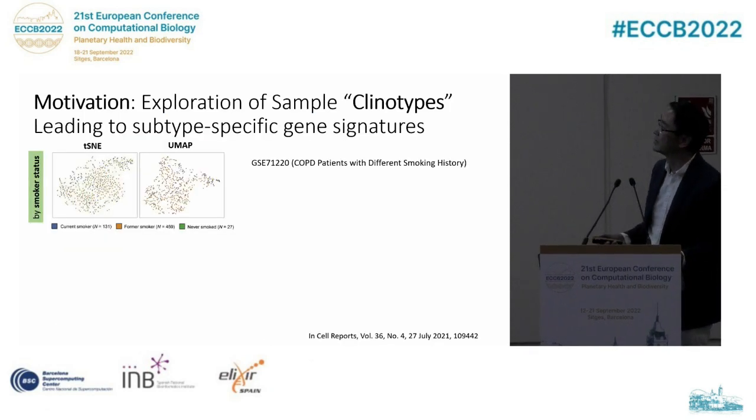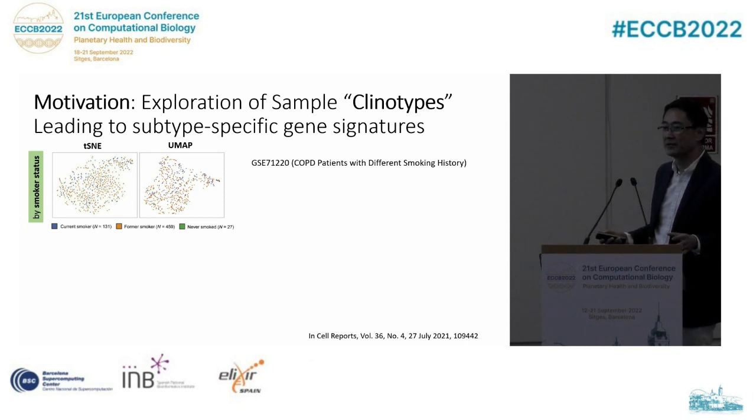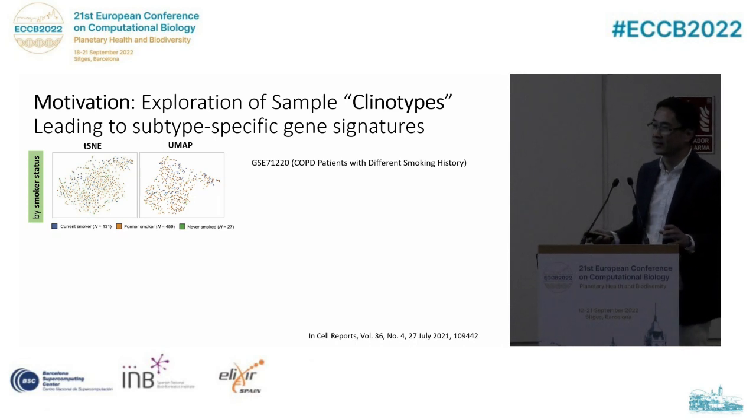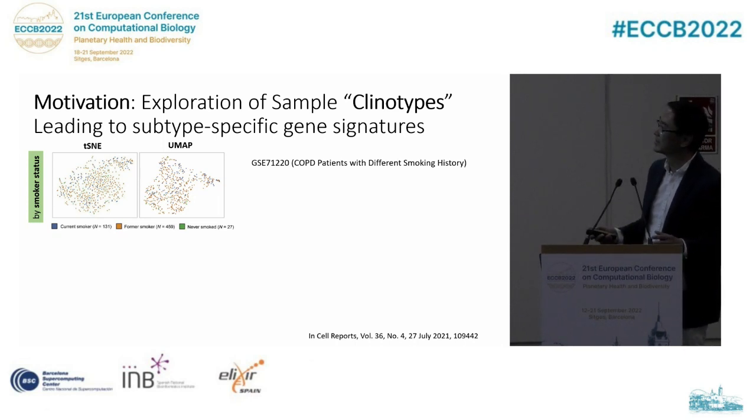One of the inspirations is that a lot of the time we know that the samples are very heterogeneous. If you just treat the sample as if it's a homogeneous set, you may not get a good result. For example, there's a paper published, not in cancer, on COPD, a lung disease.